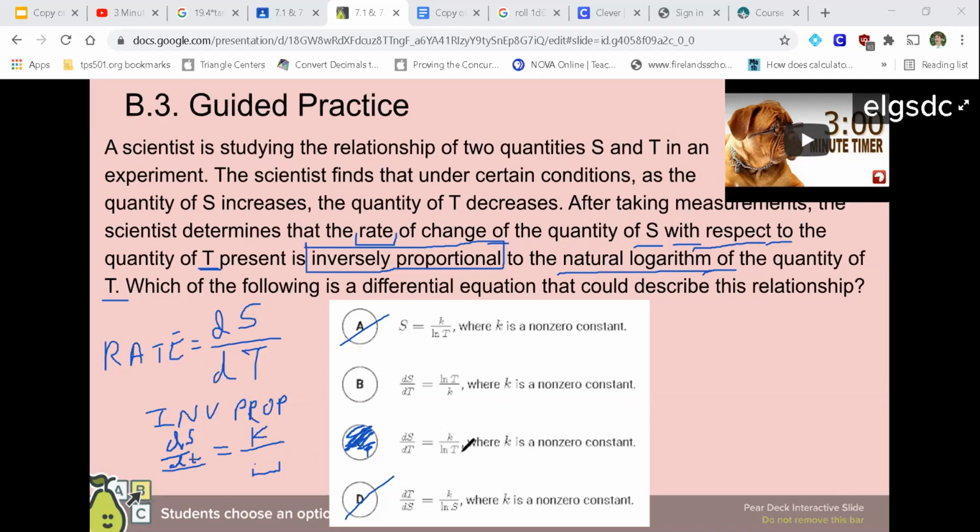Yay. The form of the equation is blank equals K over blank. So actually, just from inversely proportional, we knew the answer couldn't be B. And then if we know how to write the rate correctly, you get it. The answer says the natural logarithm of the quantity of t. So natural log of T. Sometimes I'll throw in extra parts.